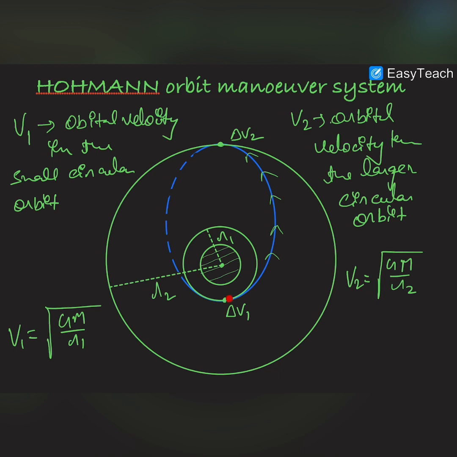You all know that satellites are equipped with small rockets in different directions, so that we can change the direction of the satellite by firing the rocket in the opposite direction. So when the satellite is revolving in this circular orbit and it is at this point, we fire a rocket in the opposite direction so that the velocity of the satellite increases. First of all we need to find this delta v1, which we need to give the satellite so that it comes into this elliptical orbit.